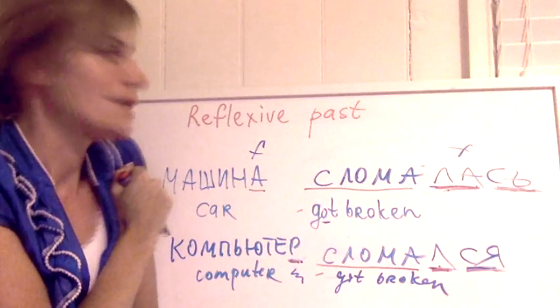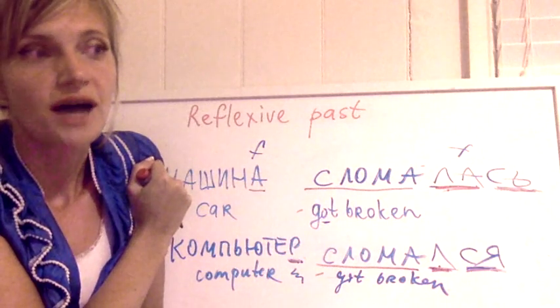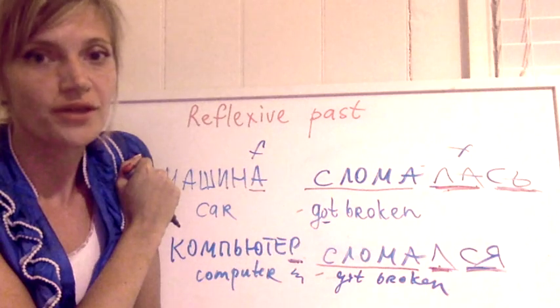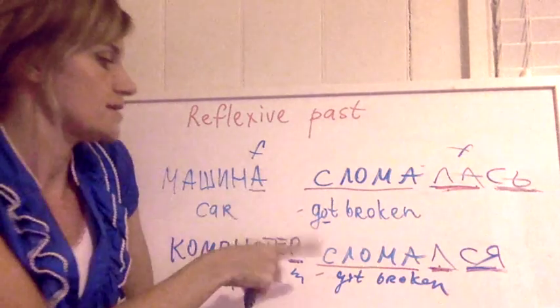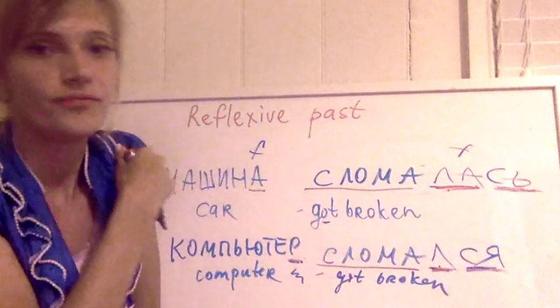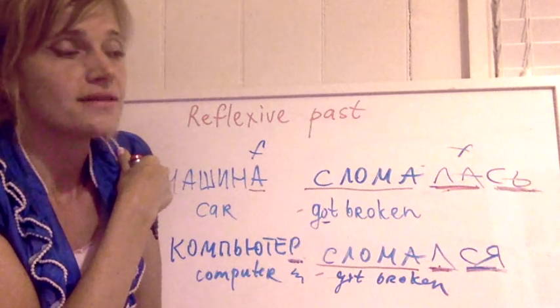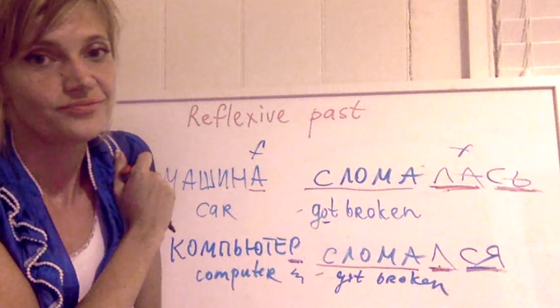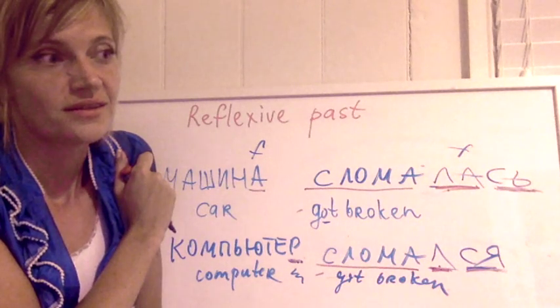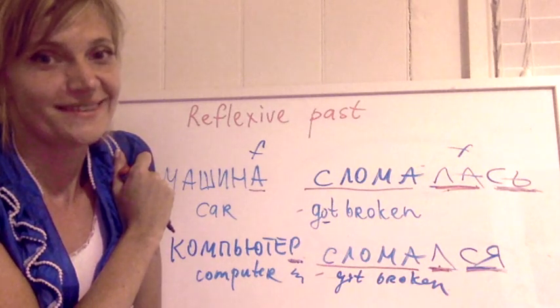If I say сломалась, I know that something broke down, that it's of a feminine gender, and it can't be a computer. Or if I say сломался, I can single out that it's not the car that broke down, you know?